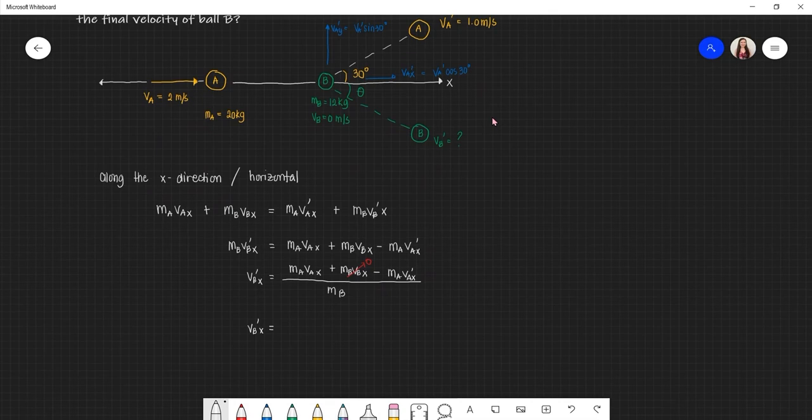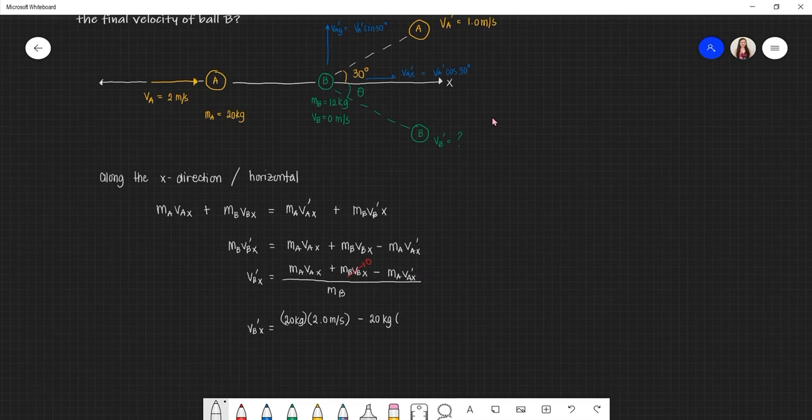So VB prime along the x is equal to the mass of ball A, which is 20 kilograms, along the x-axis VA is 2 meters per second, minus the mass of A, 20 kilograms, and then VA prime cosine 30 degrees. So what is VA prime?